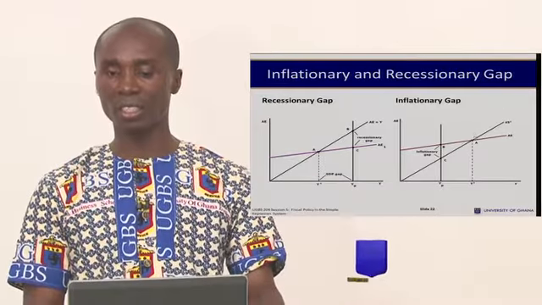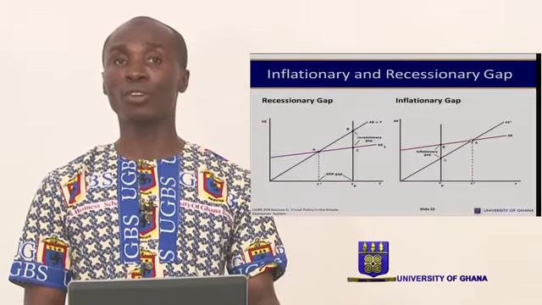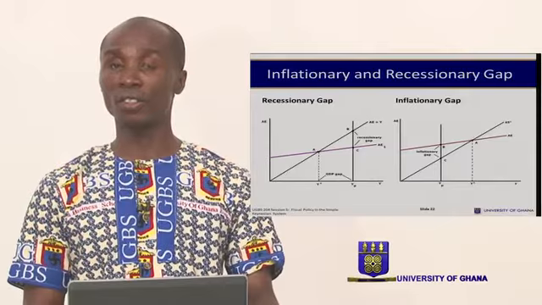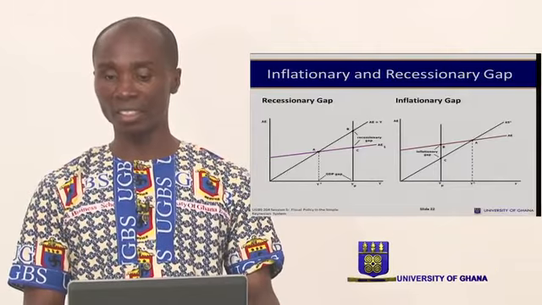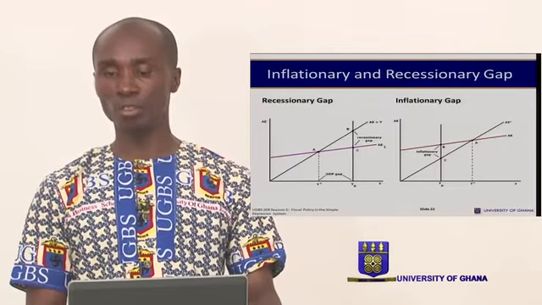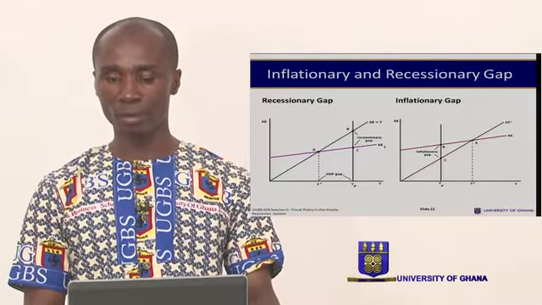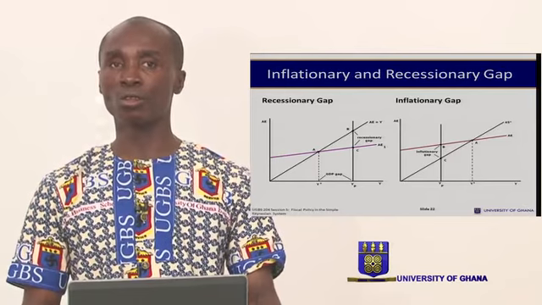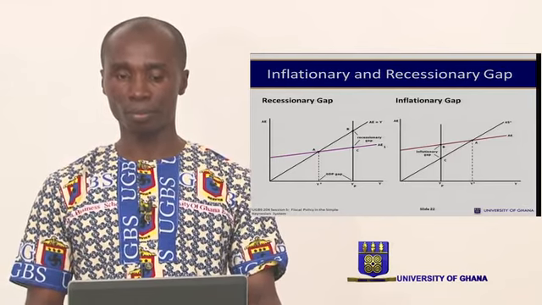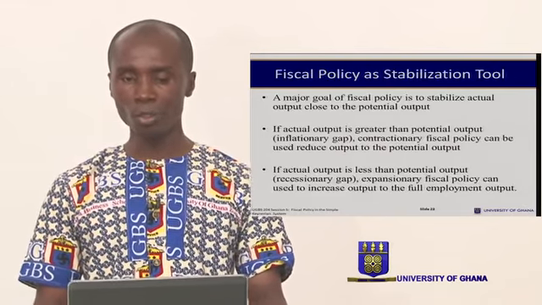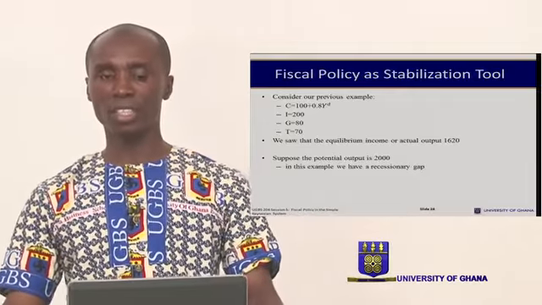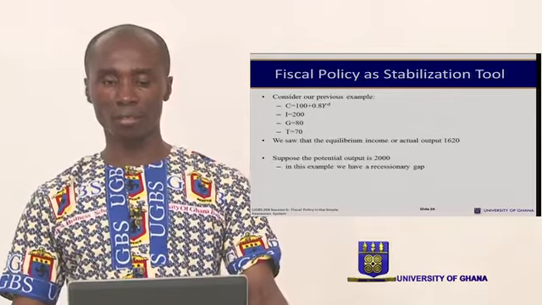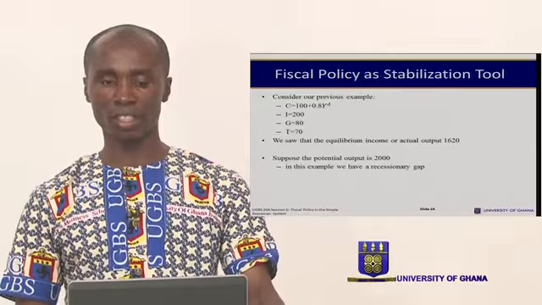And to do this, it will have to embark on what we call a contractionary fiscal policy or fiscal tightening. That fiscal tightening is going to reduce the level of aggregate expenditure and make sure that output will get closer to the potential output. So that's how fiscal policy can be used as a stabilization tool.